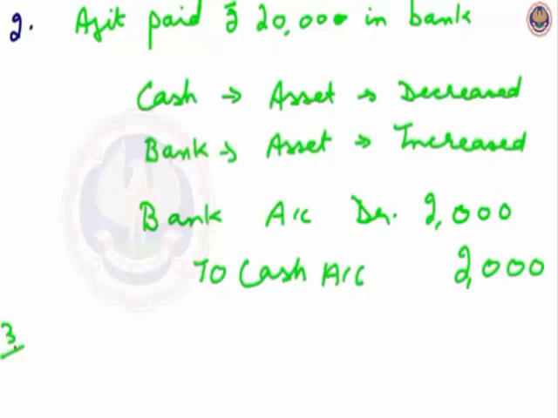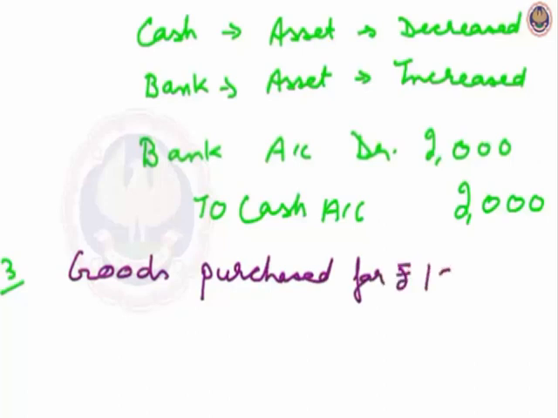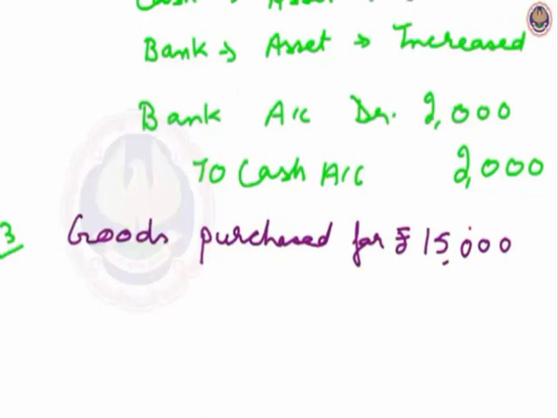Let us see the third transaction. He purchased goods for cash 15,000. In this case, goods refers to those items which are purchased for the purpose of sale. So when goods are purchased, we use the term purchases. Purchases is a nominal account because when we purchase goods, it is an expense for the business, and we purchase the goods only for the purpose of sale.